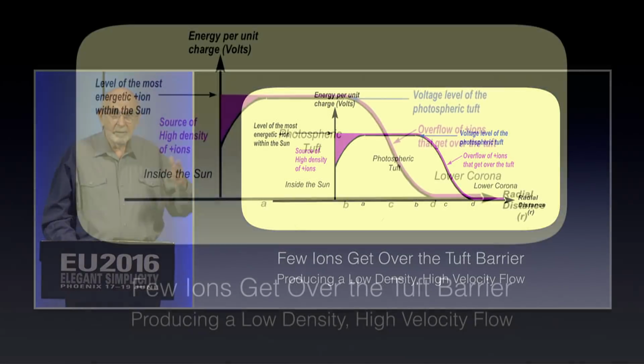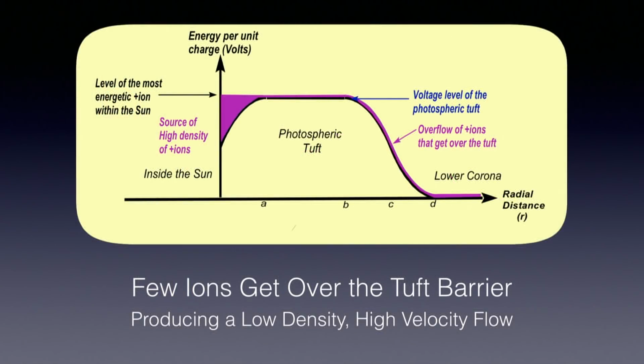There's that first voltage curve again. And the purple is an area where there are excited ions trying to leave the sun. Sun, remember, is positive. Positive ions don't like that, so I'm out of here. It's kind of like the cross-section of a dam at the end of a reservoir. The reservoir is the purple area in the upper left.